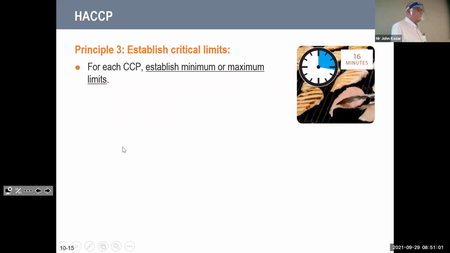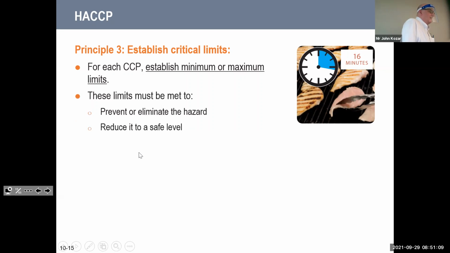Okay, so for each one of these control points, we have a minimum or maximum limit. So those limits have to be met to prevent or eliminate the hazard or reduce it to a safe level. So in the photograph here, they've got a clock with 16 minutes.